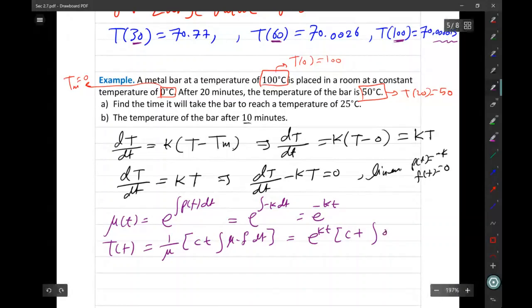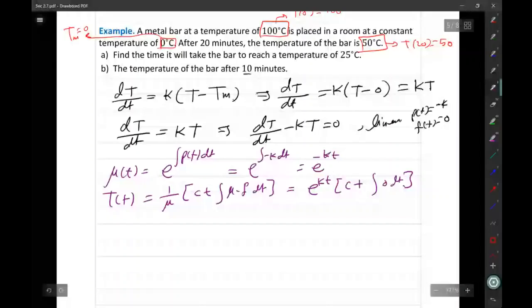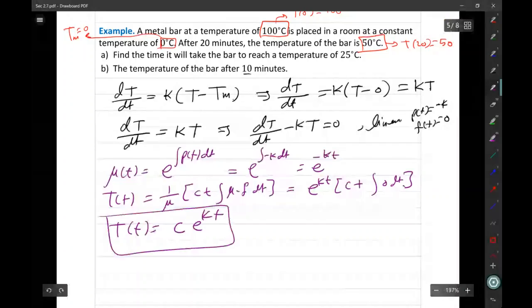It is 0, so it becomes a constant c. So T of t is c e to the power kt. And this is the solution of my differential equation.